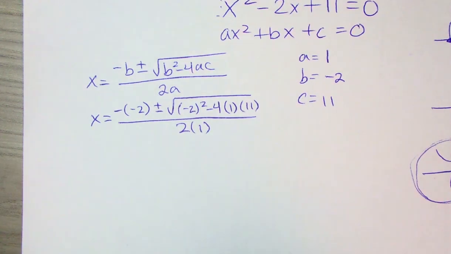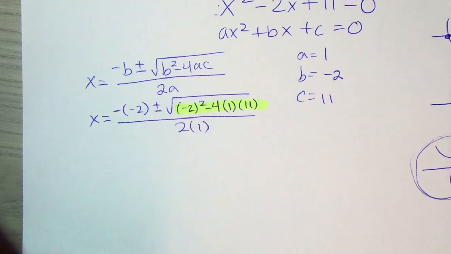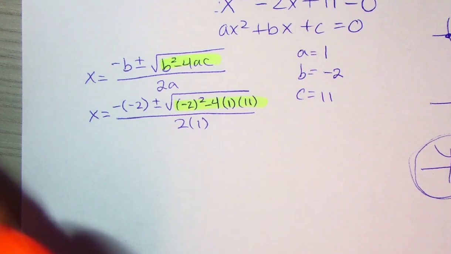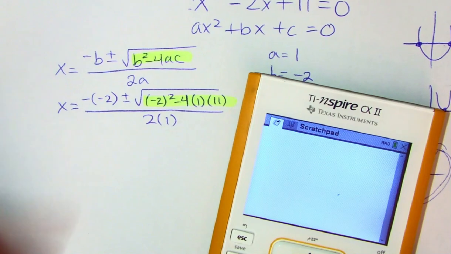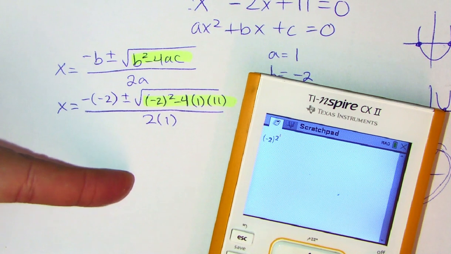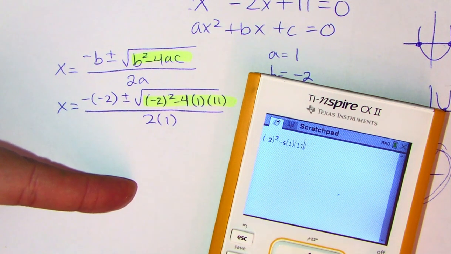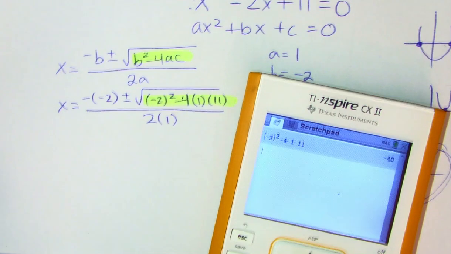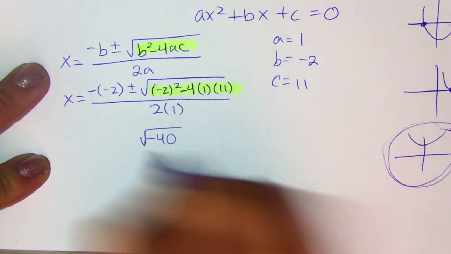From here, we're going to once again check our discriminant, which is the part, the b squared minus 4ac. And we're going to quickly do that in the calculator. So we're going to have -2 squared minus 4 times 1 times 11. That gives you -40. So we're going to have -40 in here.